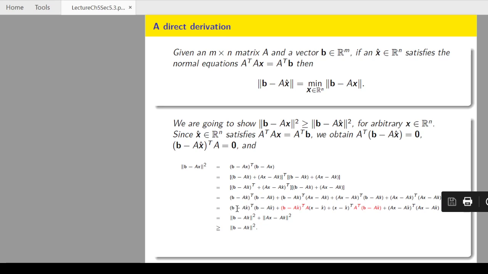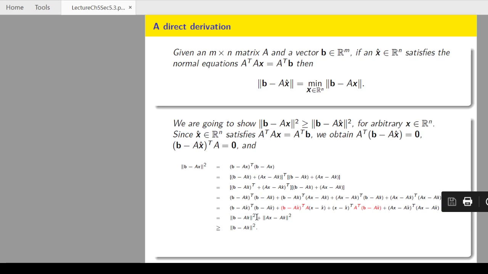So in this way, we got the first term. This is b minus A x hat and its self scalar product. We know that's equal to the square of the distance of b minus A x hat. Similarly, the last term is the square of the distance between Ax minus A x hat.